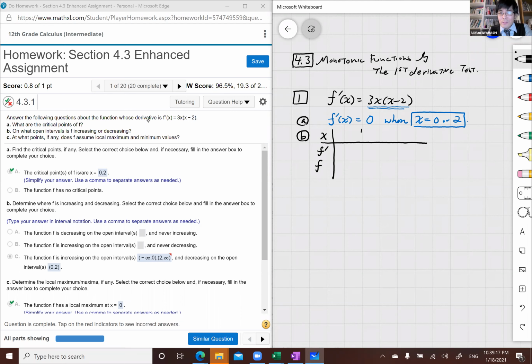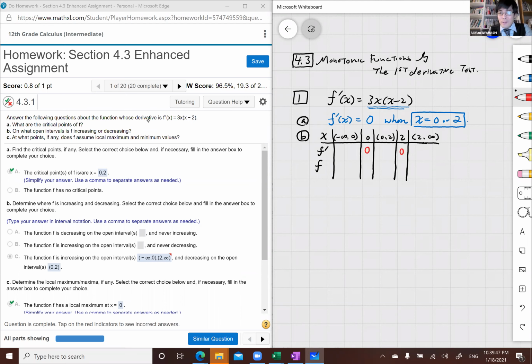The smaller one is 0 and the larger one is 2. So I have 3 intervals to check. The first interval is negative infinity through 0. The middle interval is 0 through 2. And the right interval is 2 through infinity. We know that at those 2 points, the slope is 0.